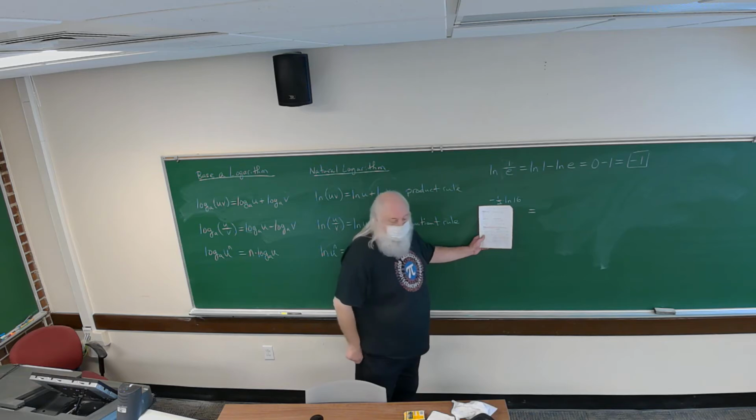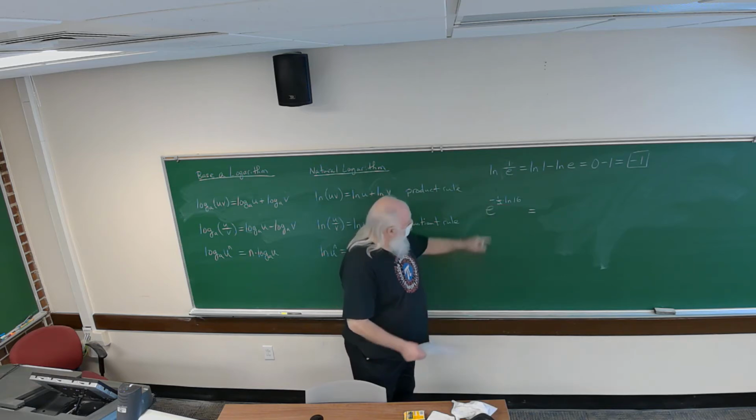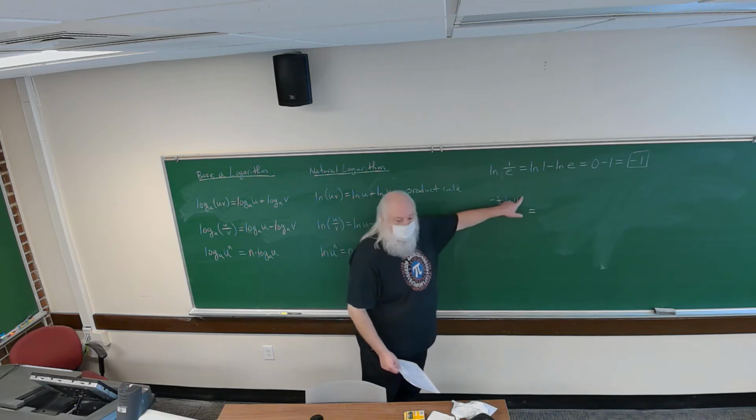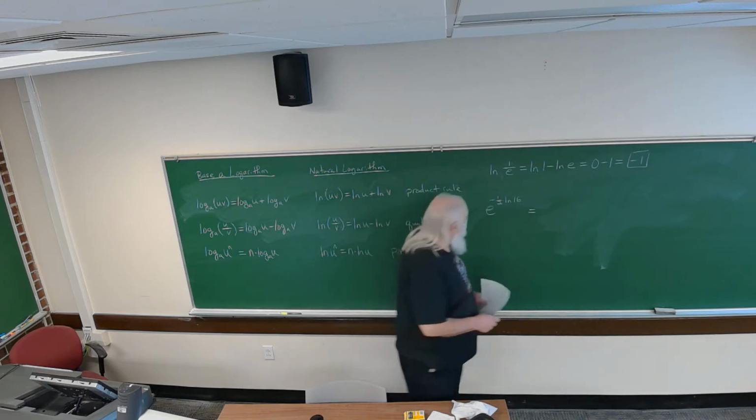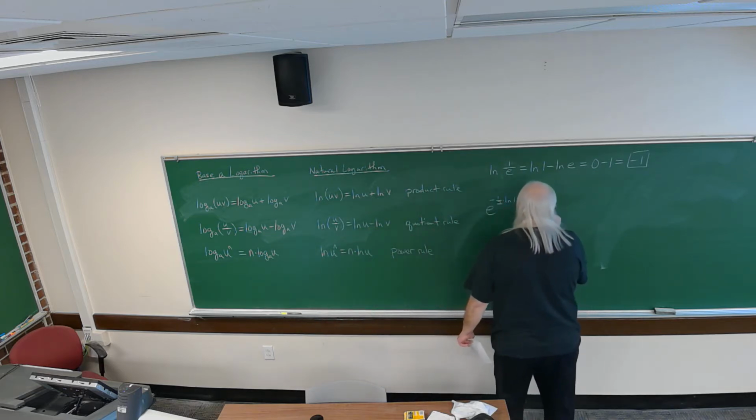What can I do with that -1/2? Yeah, I can bring it inside the natural log and make it an exponent on the number 16. Then I'll have e to the natural log of 16 to the -1/2 power.